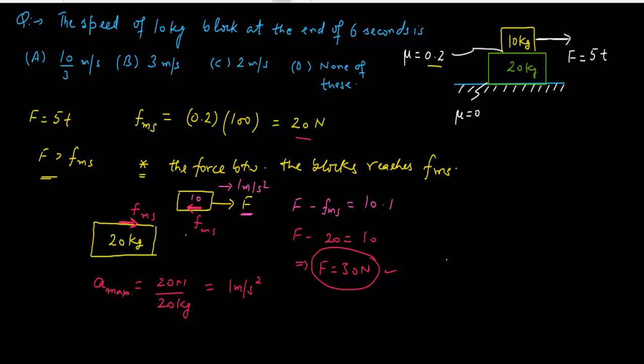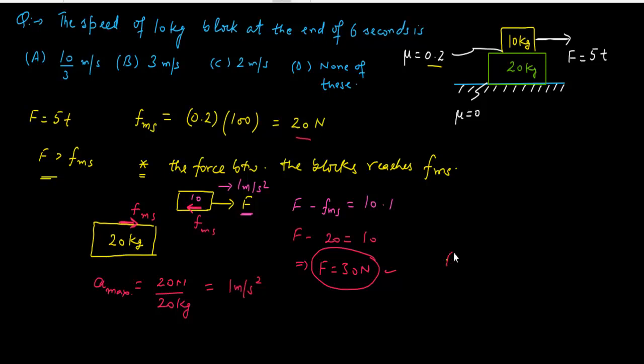So in order to have a maximum static friction on the lower block, we have to apply 30 Newton force on the upper block. Now at what time does this 30 Newton force come into play?